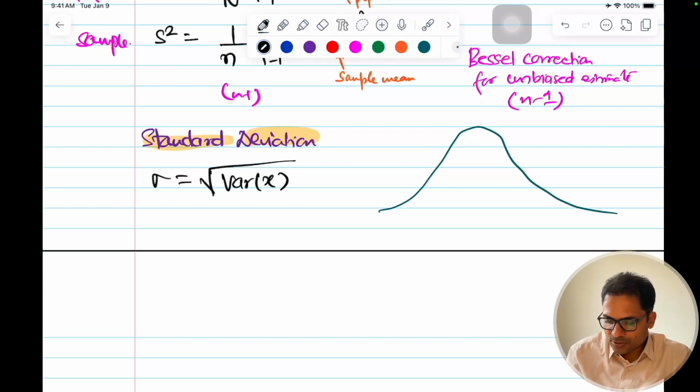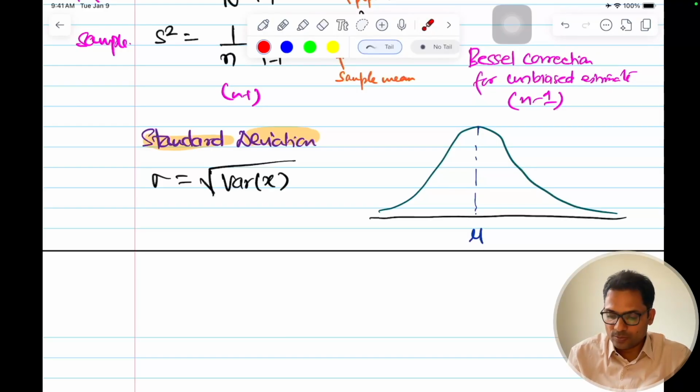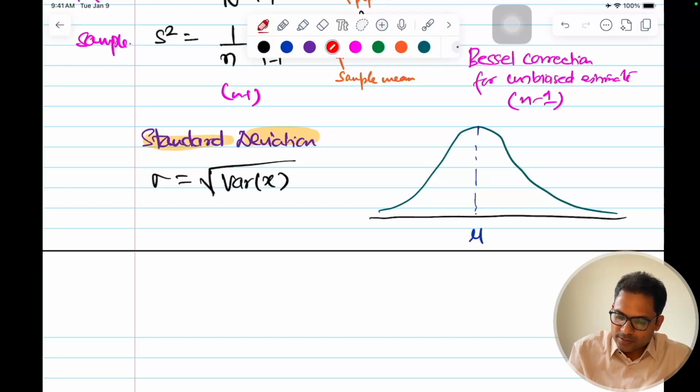This is my Gaussian distribution, and for example, this is mu. So the significance of the standard deviation in Gaussian distribution is, there is one rule called 68, 95, 99 broadly.